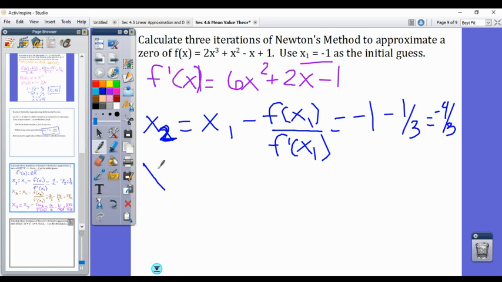So then x sub 3 is x sub 2 minus f of x sub 2 divided by the derivative.